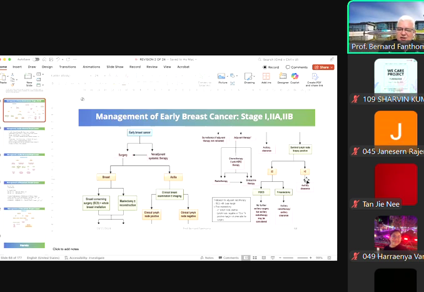And after sentinel node biopsy, more than two nodes positive will get axillary clearance. Less than two nodes will get divided based on lumpectomy treatment or mastectomy treatment. Less than two nodes getting mastectomy will also get axillary clearance. Less than two nodes getting lumpectomy will get adjuvant radiotherapy. So they will fall in this group.